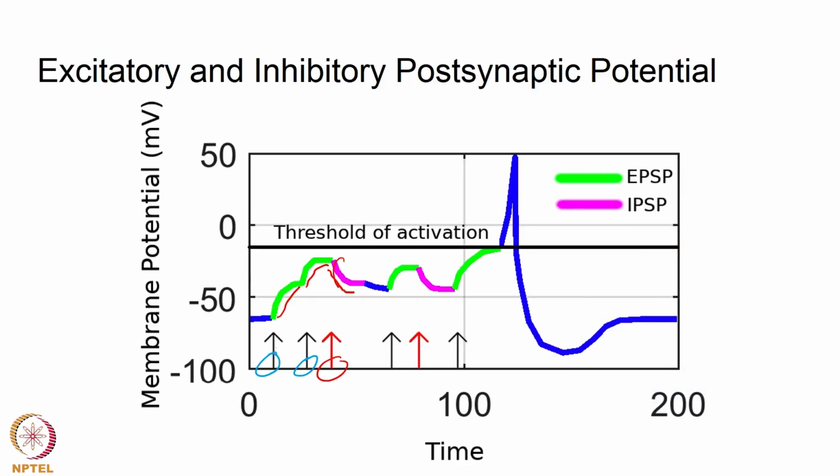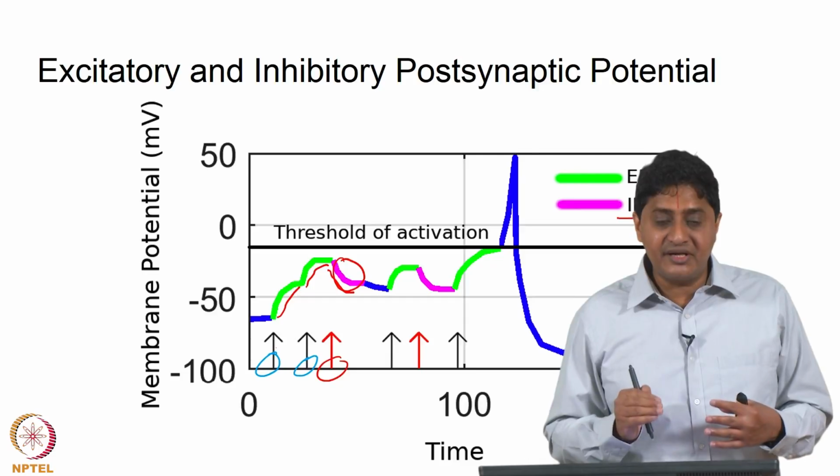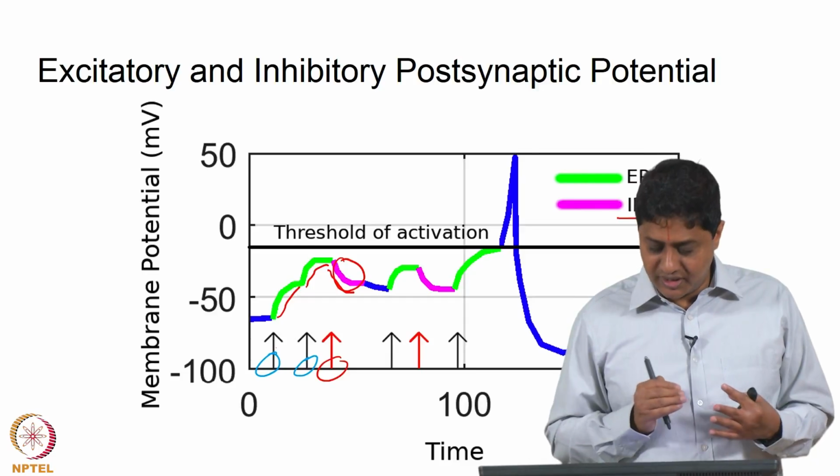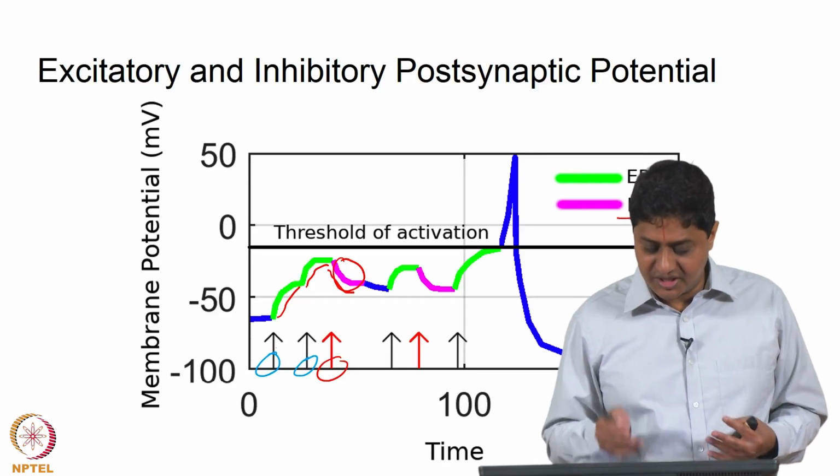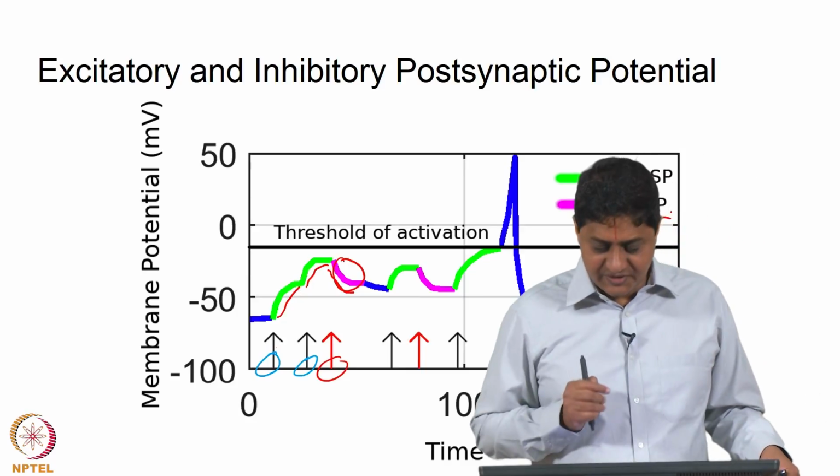So, this phase that is shown in pink is an IPSP, inhibitory postsynaptic potential, reducing the probability that the membrane is going to be taken to threshold and an action potential is going to be caused in this part of the membrane.